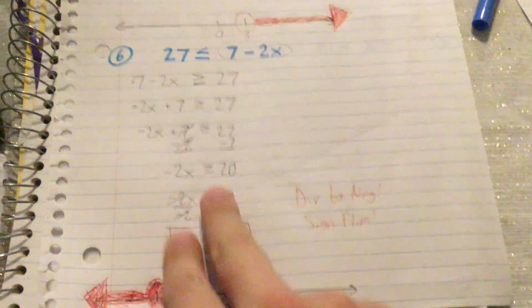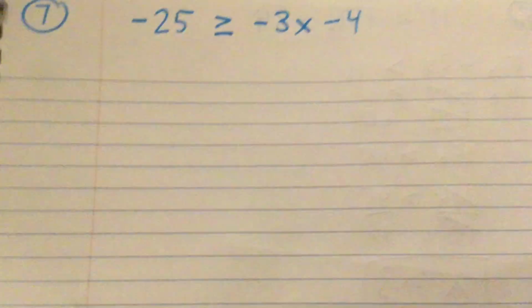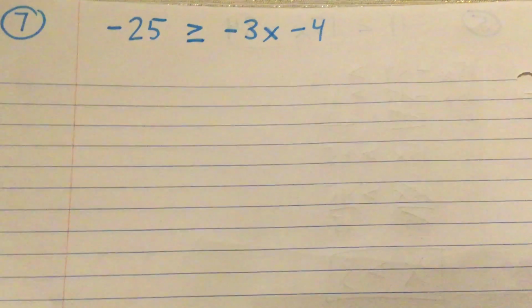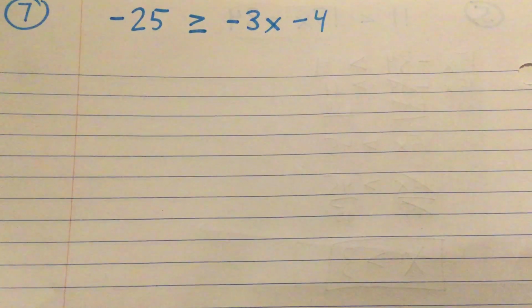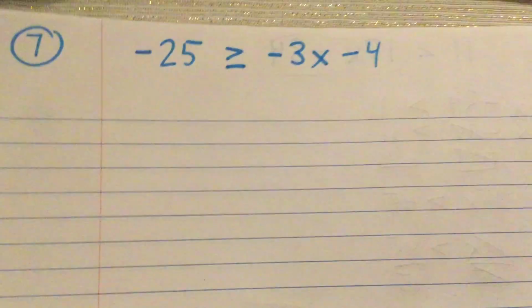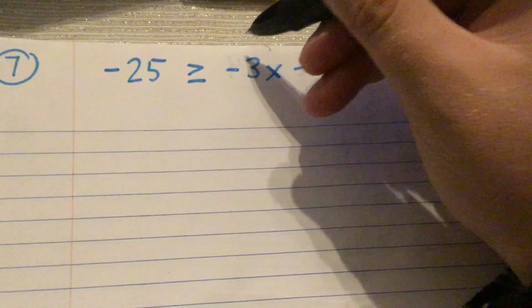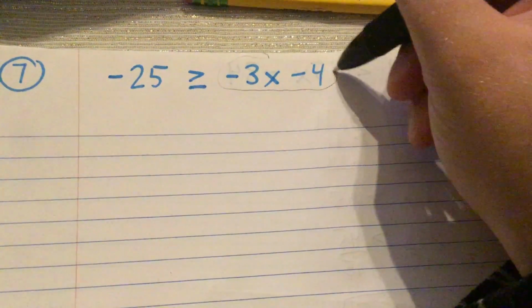All right, 2 more, and then the test will be shared with you momentarily. Negative 25 is greater than or equal to negative 3x minus 4. Let's see what you got here. Well, I like my x on the left side, so what I like to do is take this right side.